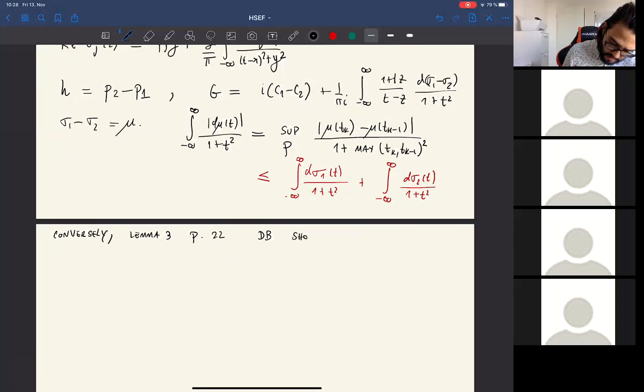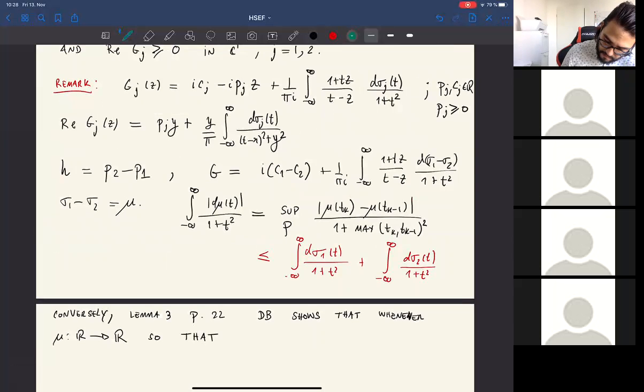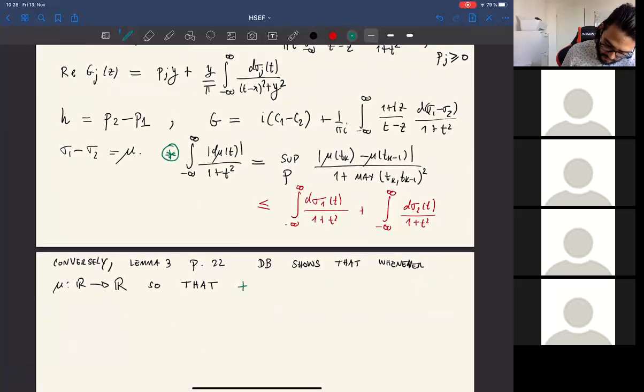So de Branges shows that whenever we have some function mu on the real line so that this star, that computation here, is finite, then you can always write it as a difference, let's say nu1 minus nu2, where each nu_j is non-decreasing, and for each one star holds.